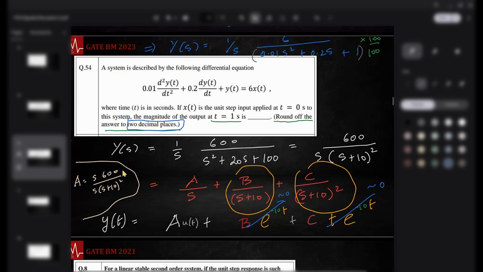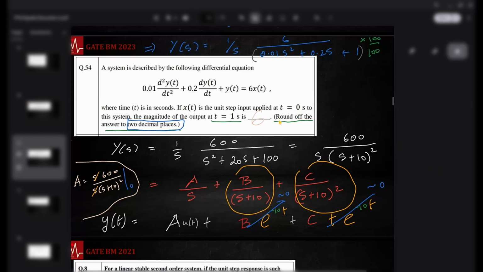Square evaluated at 0. Singularity gone. Substitute s is 0. This is 100 square, 6 by 100. So A is this.